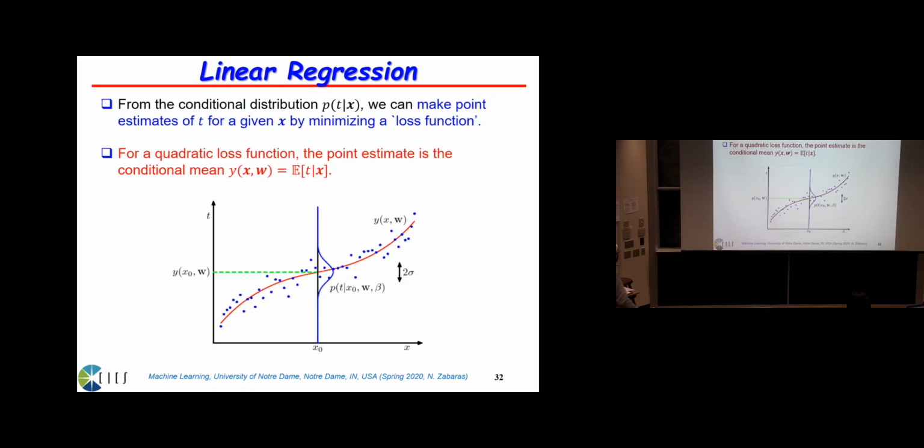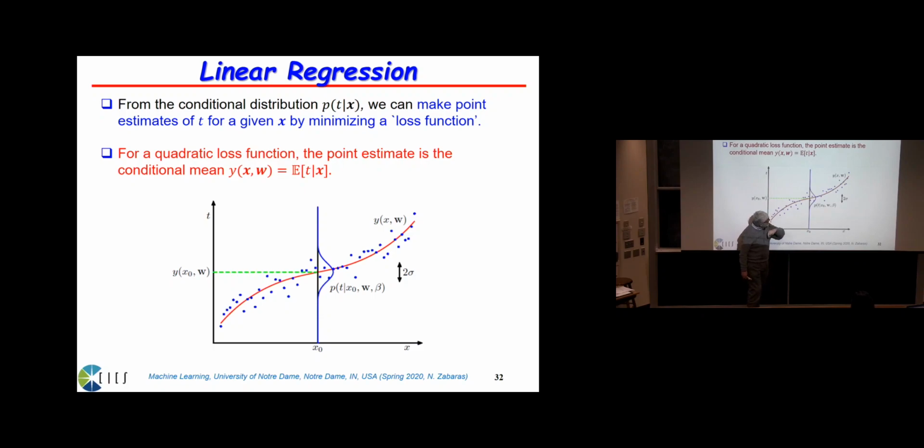Our interest is to be able, at any given point x, to do predictions and say what the predicted value of my system is, and I call the predicted value here t.